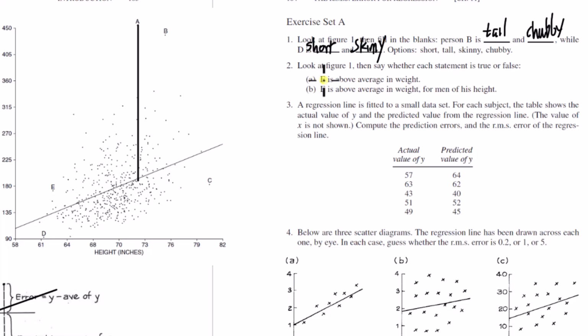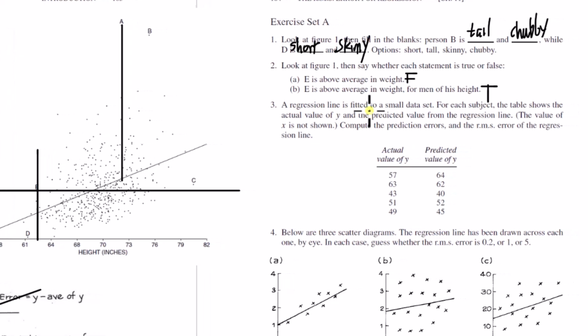Okay, look at figure 1 and say whether each statement is true or false. E is above average in weight. So E is above or below average in weight. So E is just below average. So this is false. E is above average in weight for men of his height. Absolutely. He's the leader. There's not that many data points. Yes.